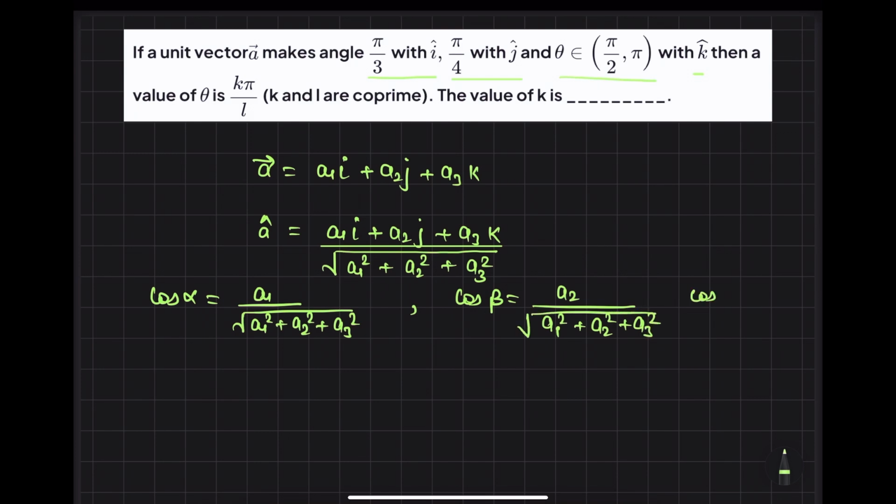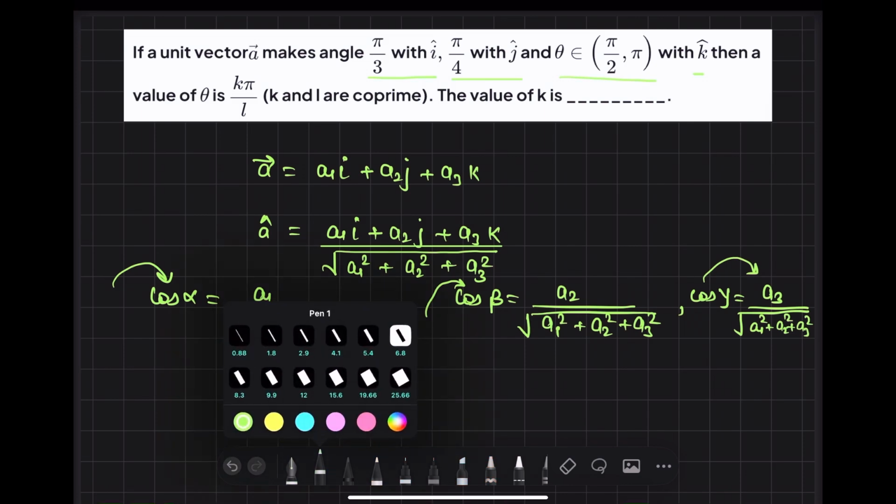Then we have cos gamma, same thing, a3 by root over a1 square, a2 square, a3 square. So this is the angle made by the vector with the x-axis, meaning i. This is the angle made by the vector along the y-axis, that is with j. It is the cosine of the angle made by the vector along the z-axis.